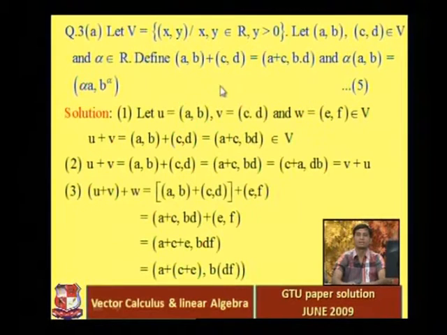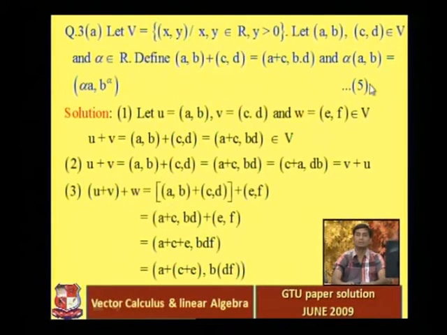Again, the addition is (a, b) plus (c, d) equals (a plus c, b times d), and for any scalar alpha, scalar multiplication is alpha times (a, b) equals (alpha a, b raised to alpha).